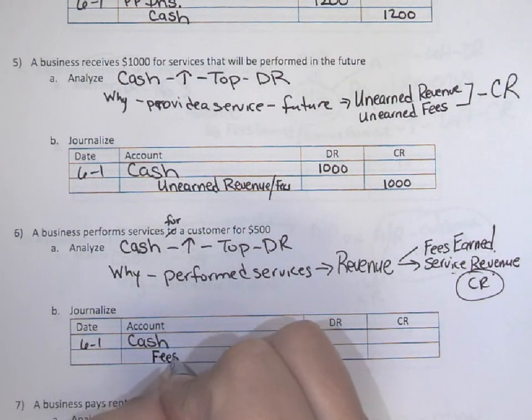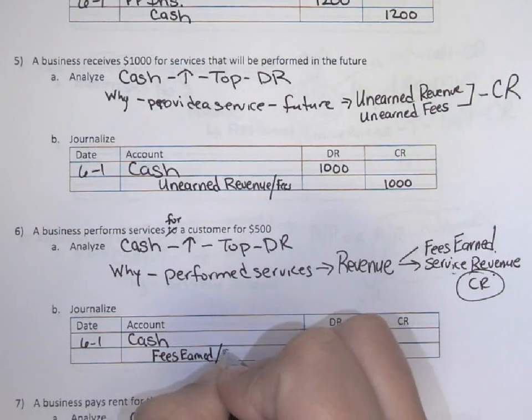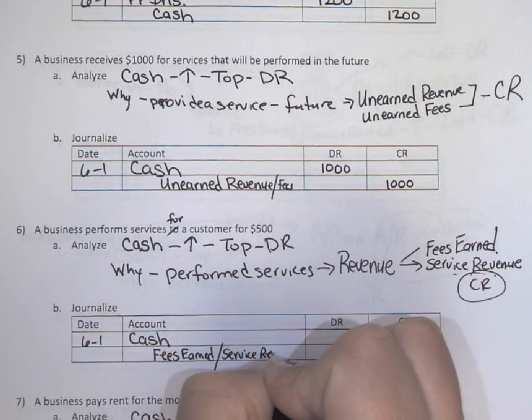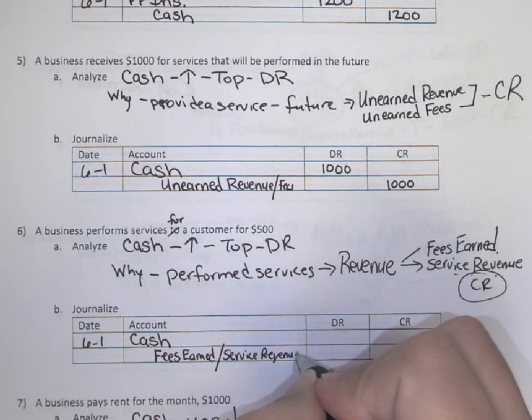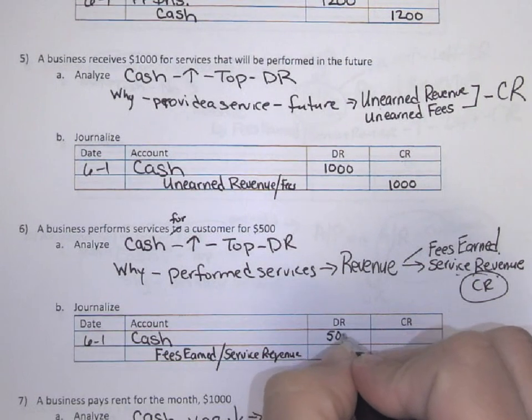So if I come in and put fees earned, I'm going to slash that with service revenue just so that you can understand that it really just depends on what your company uses as to what you're going to put there. And different companies call it different things. Some companies will call it fees earned. Some companies are going to call it service revenue. So whatever your company calls it is kind of what you would be putting there. And that is for $500.